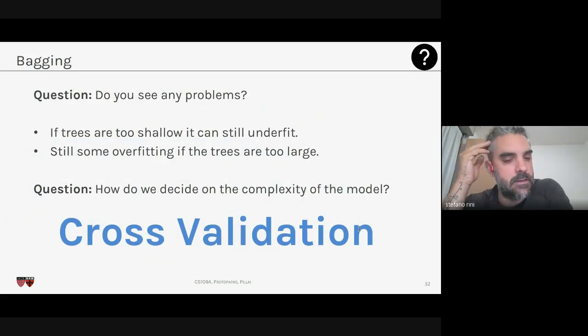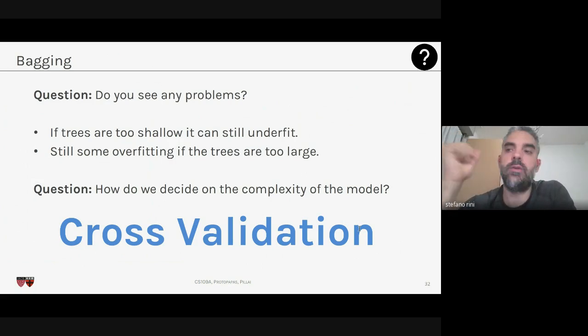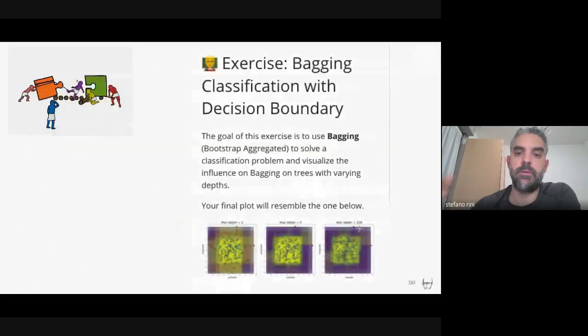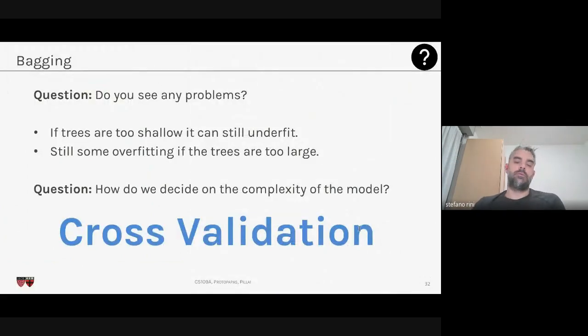And so how do we decide what is the correct complexity of the model? Of course, the depth of the tree is a hyperparameter. When we want to settle something about the hyperparameter, we have to pay a price, and the price that we pay is cross-validation. We have to repeat the fitting experiment multiple times, so that you obtain a distribution of the performance as a function of the different tree depth.